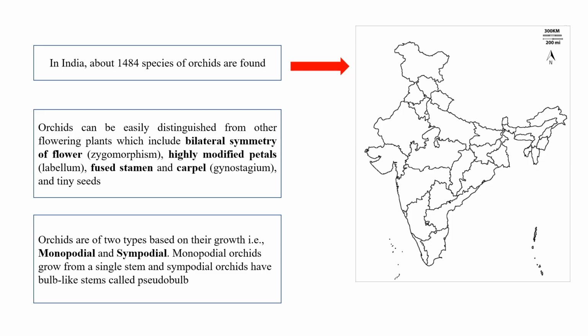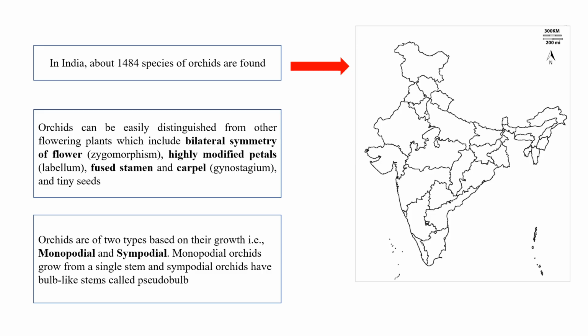So they play a role in ecosystem health. For their medicinal properties, for many centuries orchids have been used in traditional medicine to treat various ailments, such as showing antimicrobial activity. Some are used for wound healing and some for gastric problems, or you can say stomach problems. So these are some of the medicinal uses.